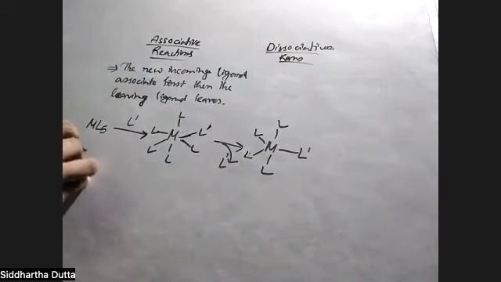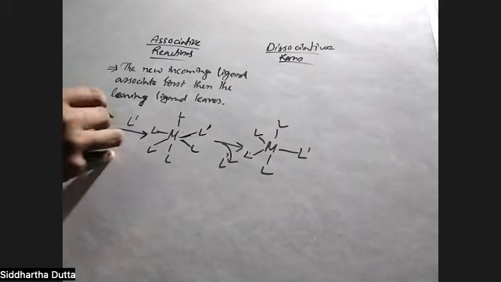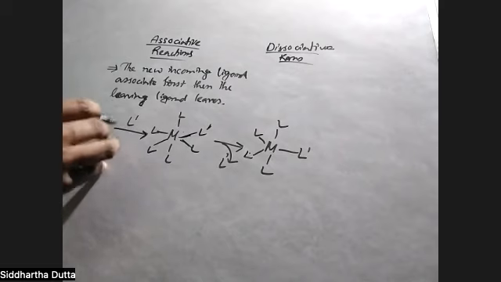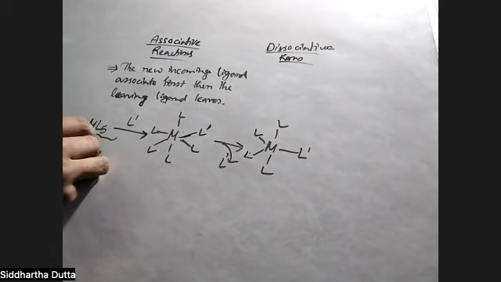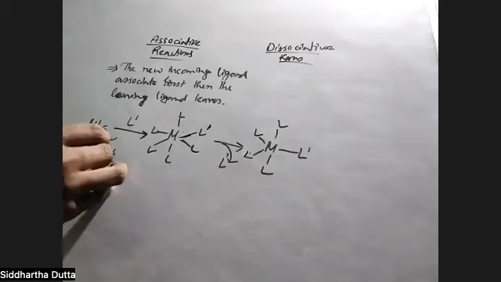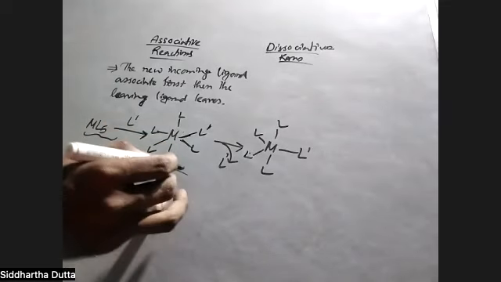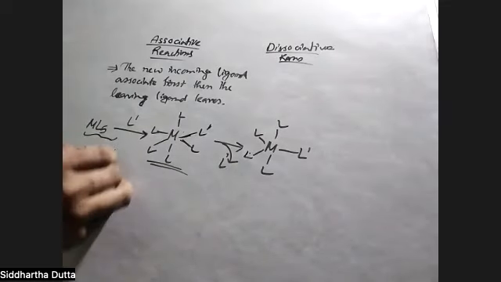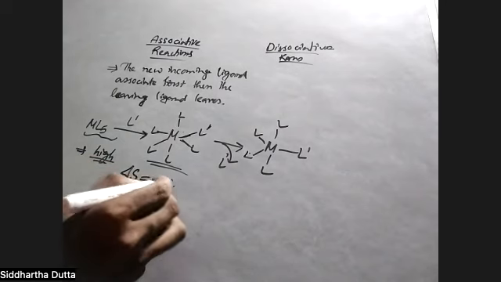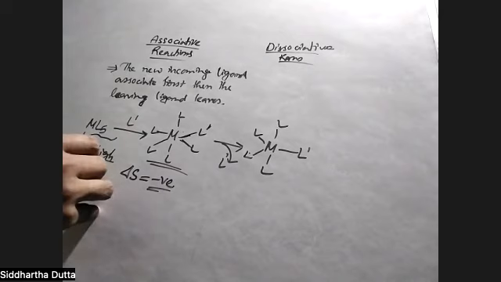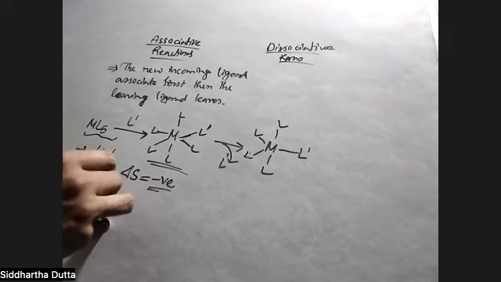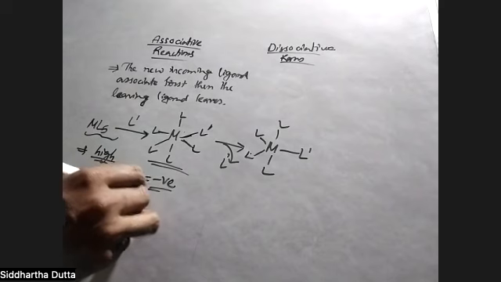And in this case, as the number of species on the reactant side is greater than on the product side, due to association delta S will be negative. So the delta H will be highly negative. So this will be an exothermic reaction.